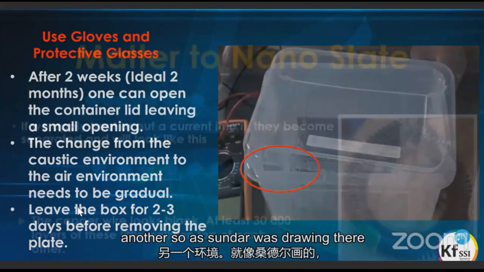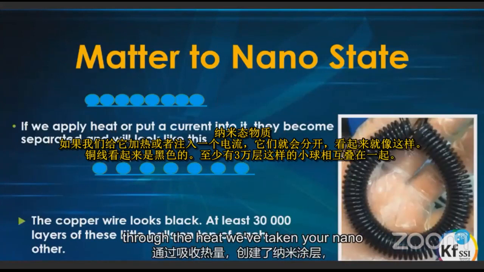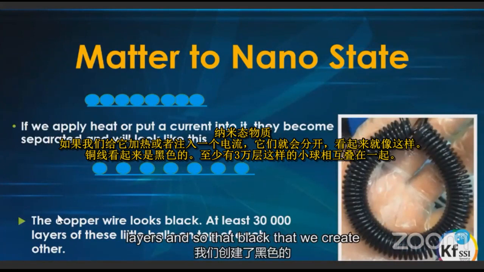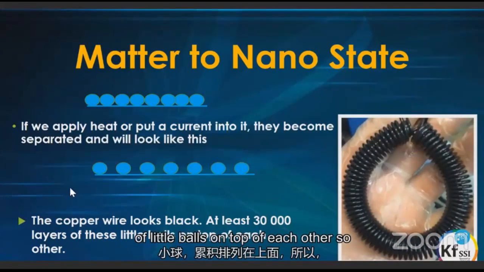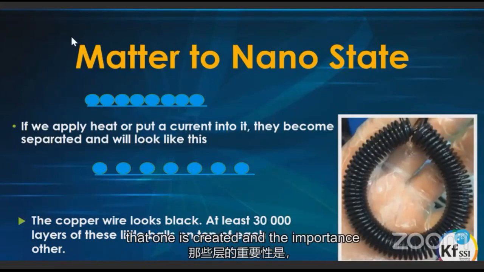As Sando was drawing there, we've taken your copper through the heat and we've created the nano layers. That black that we create is 10, 20, 30,000 layers of little balls on top of each other, all your individual layers.